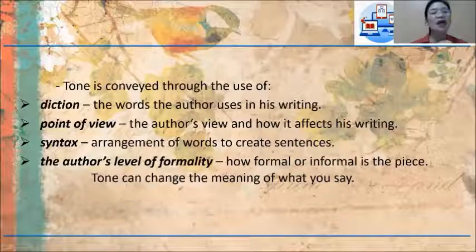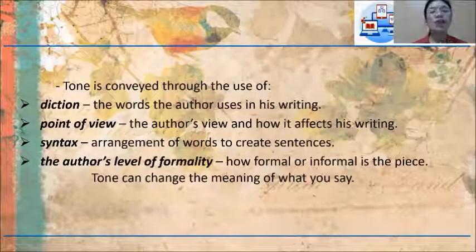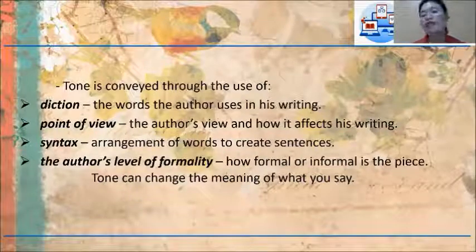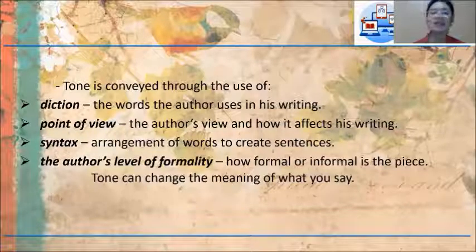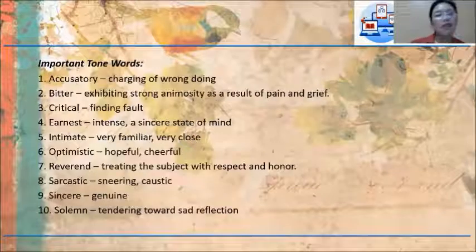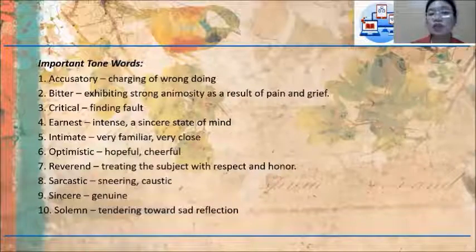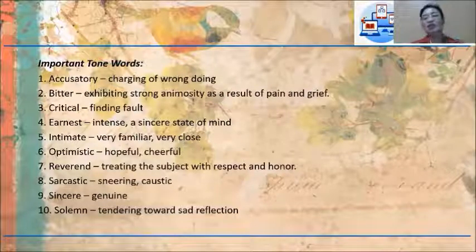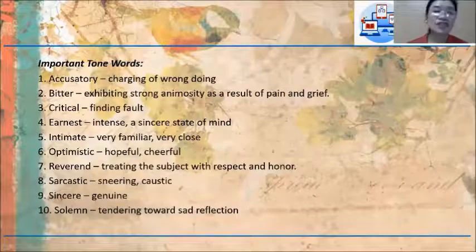Okay, we have here also the author's level of formality, and it is how formal or informal the piece is. Now, tone can change the meaning of what you say. Now, these are the important tone words that we must consider.